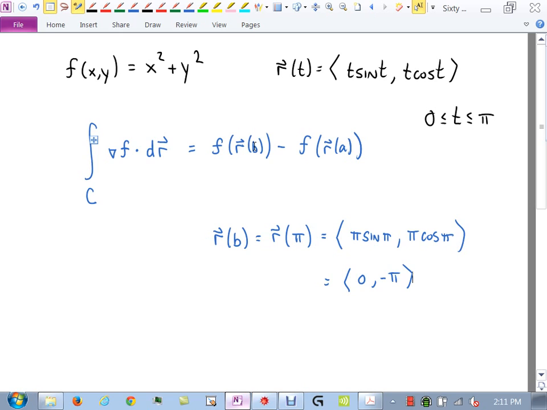So when we say f of r of b, we really mean f of r of pi, which is f of (0, negative pi), like a point. What is (0, negative pi) plugged into f? Well, where's f? Up here. 0 squared plus pi squared, just pi squared.